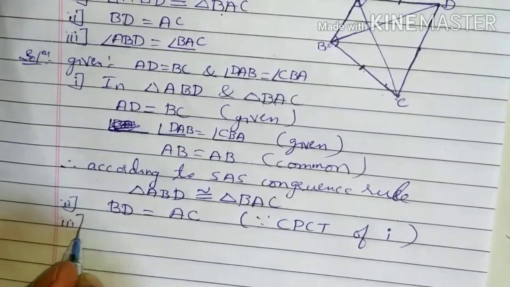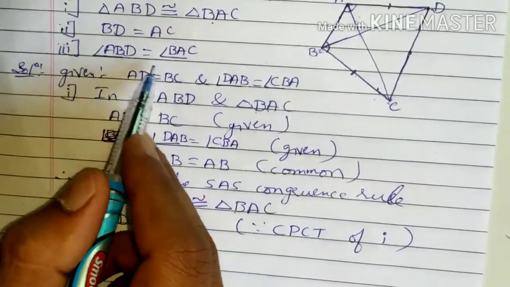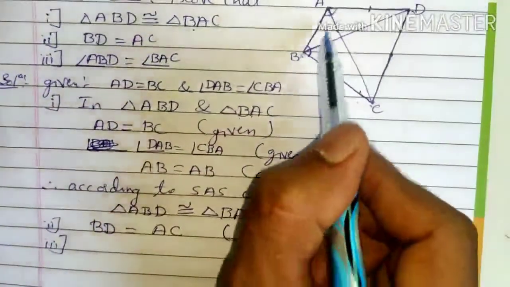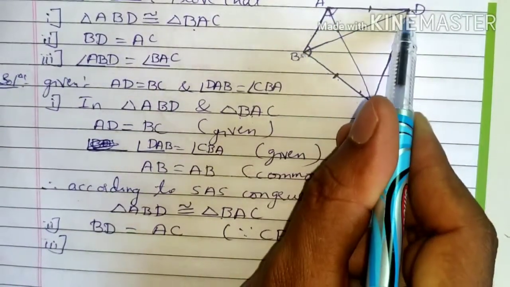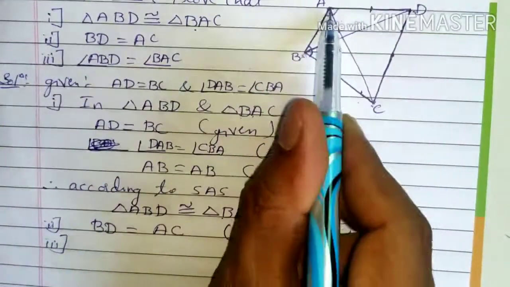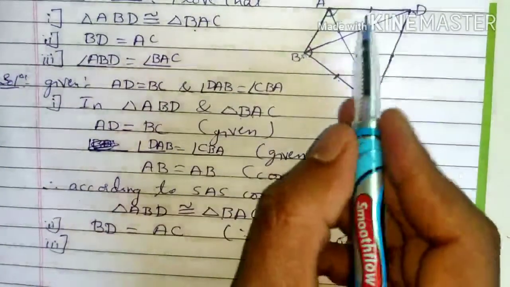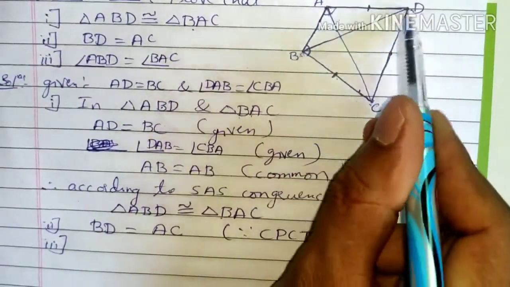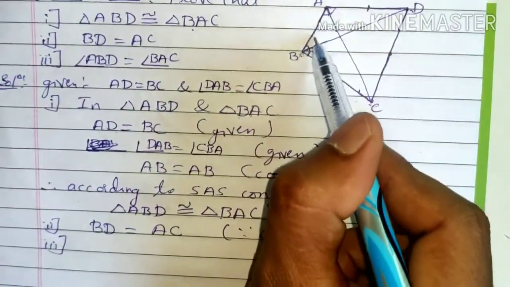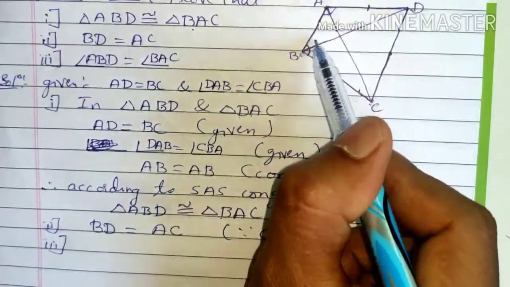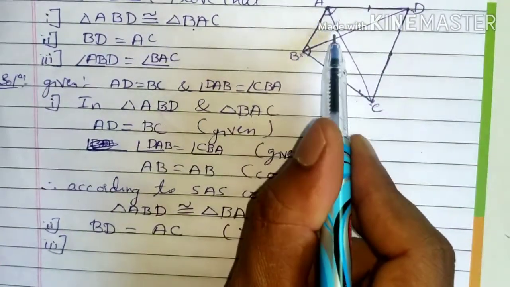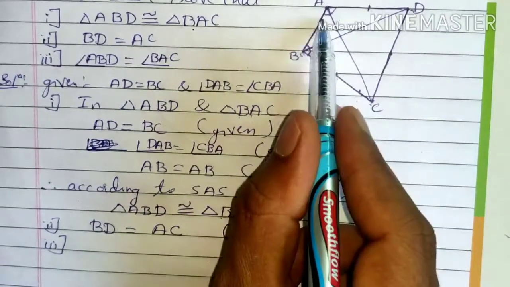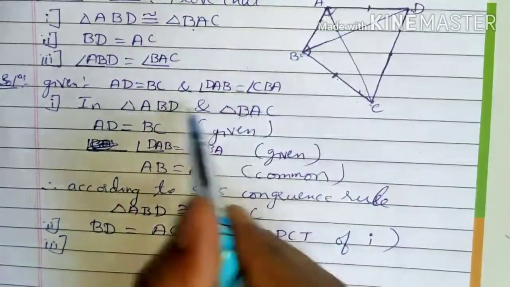Then third question is angle ABD is equal to angle BAC. Angle ABD is equal to angle BAC, that we have to prove. So here also you can see that in the triangle ABD, angle ABD is one of the three angles. Okay, similarly BAC is also angle from second triangle.